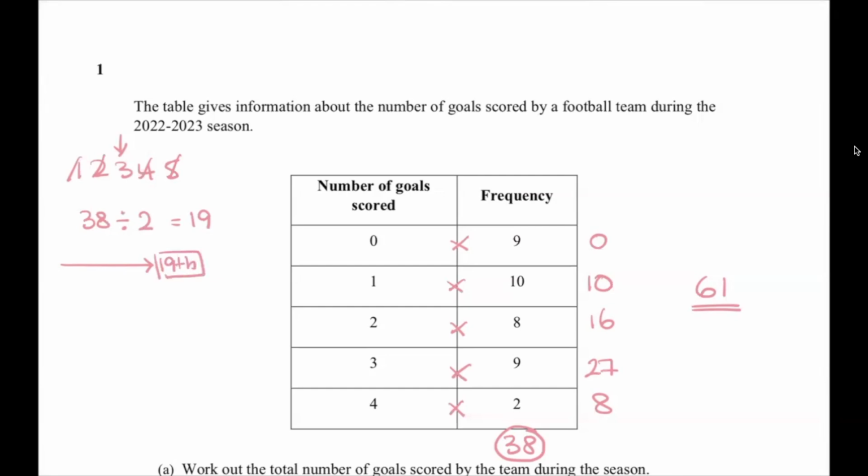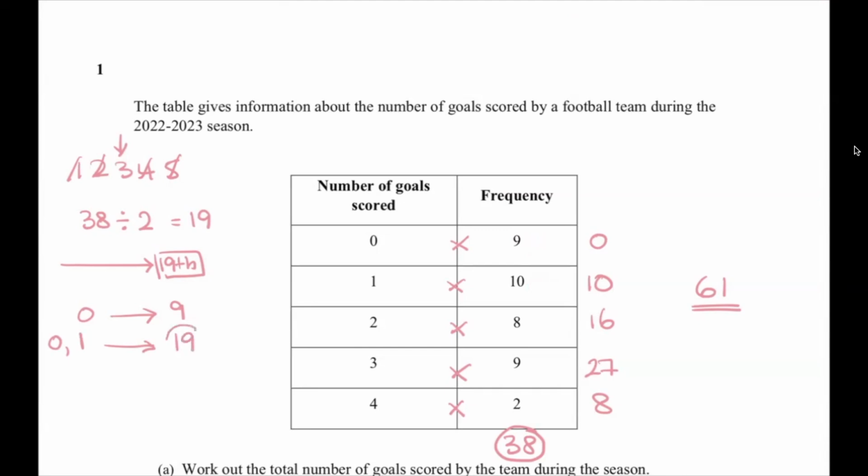Now, if I look at the first row, 0 was coming up 9 times. So the first 9 numbers would have been 0, and the 10th one would have started at 1. Now, the zeros and the ones together would be 9 from the 0 and 10 from the 1, giving me 19.